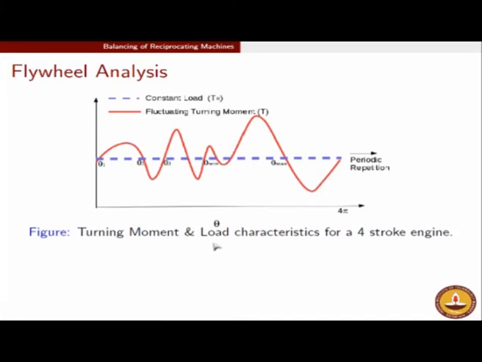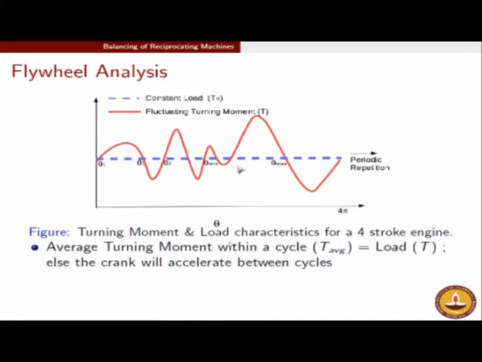In reality we will have the turning moment and load torque characteristics somewhat in this way, where the average of the turning moment is equal to the constant load torque, and hence from cycle to cycle there is no change in the angular velocity. The angular velocity across the cycles will remain the same, but within the cycle, because the fluctuating turning moment is not able to match the constant load torque, this balance is not maintained.